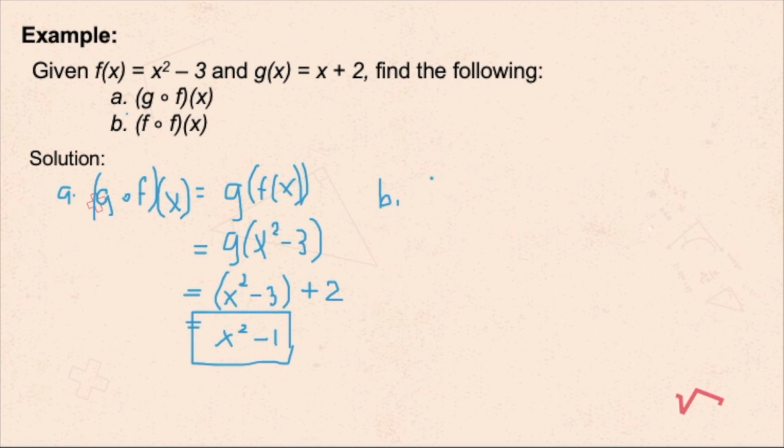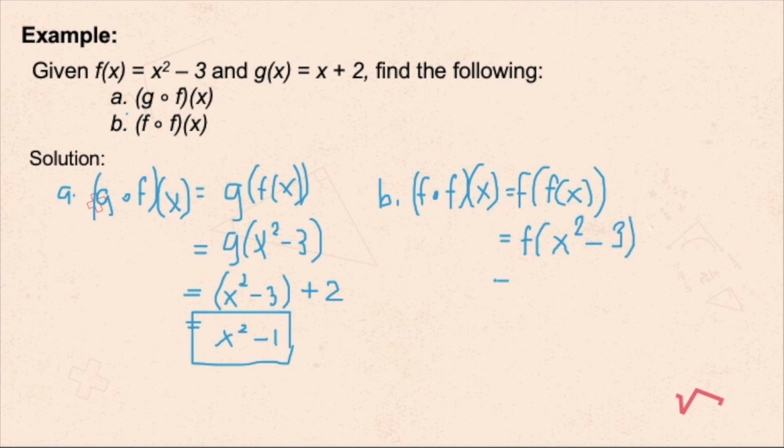Then the second problem is f of f of x. The inner function is x squared minus 3. Your outer function here is also f of x, which happens to be x squared minus 3. So do the same thing. Replace the x here with the inner function, which is x squared minus 3.